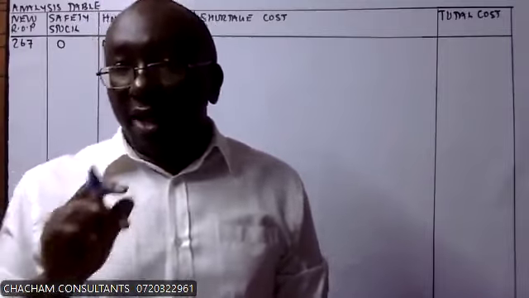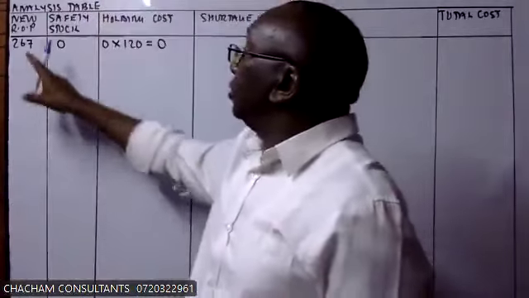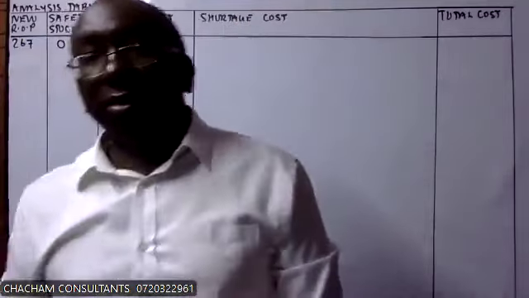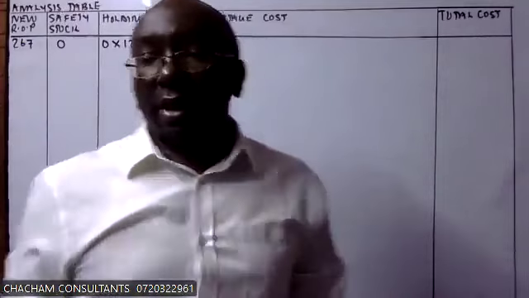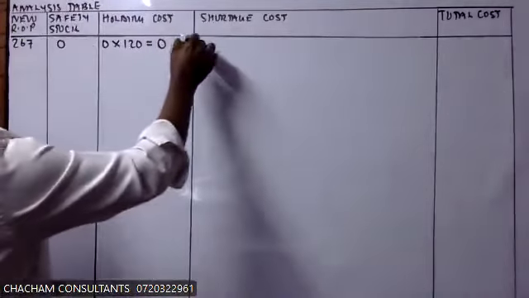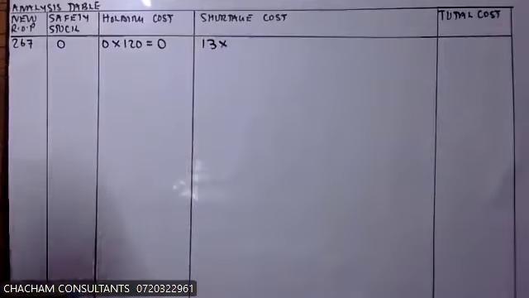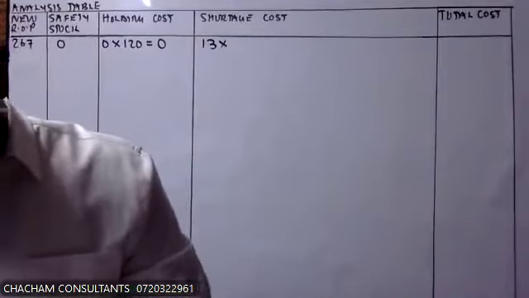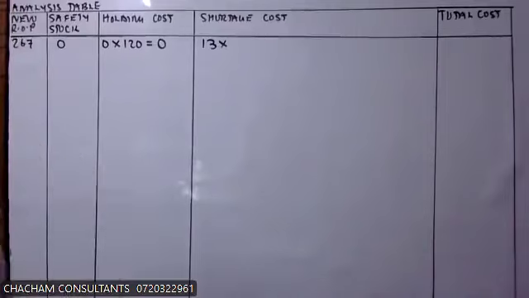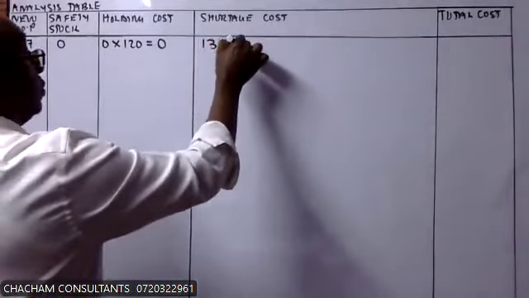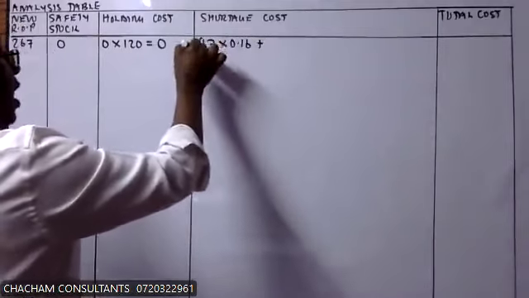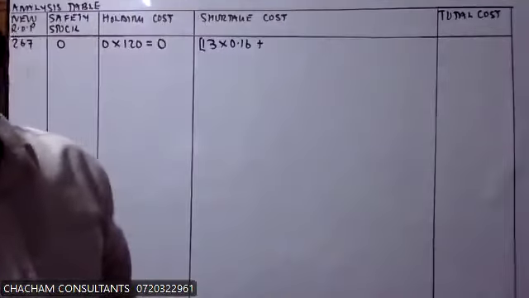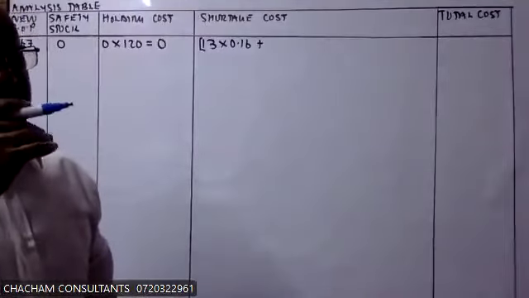Now, if it goes to 280 and you have 267, that will create a shortage of how many? 13, good. And the probability of demand being at 280 is 0.16. After 280, we go now to 293.